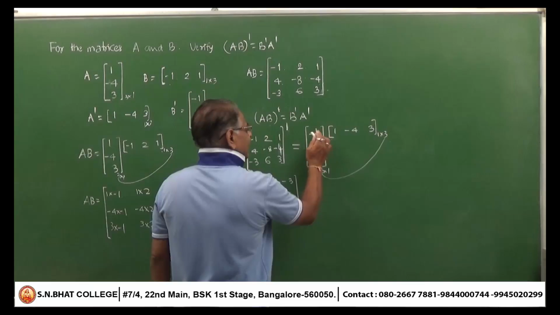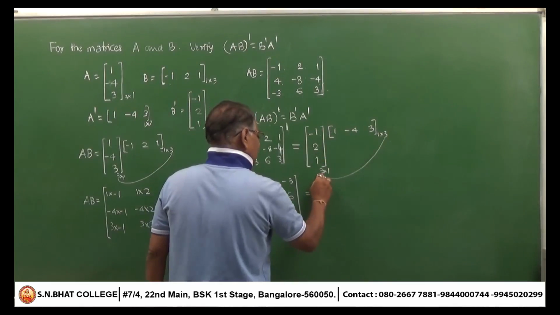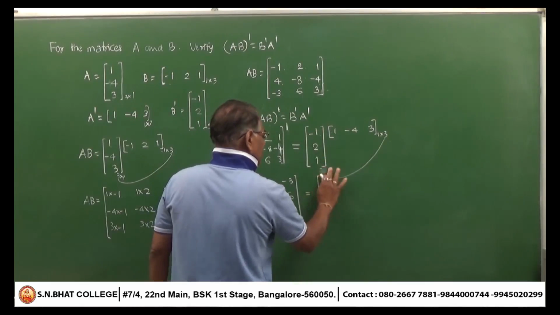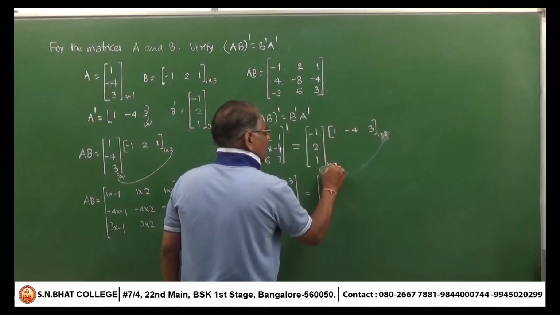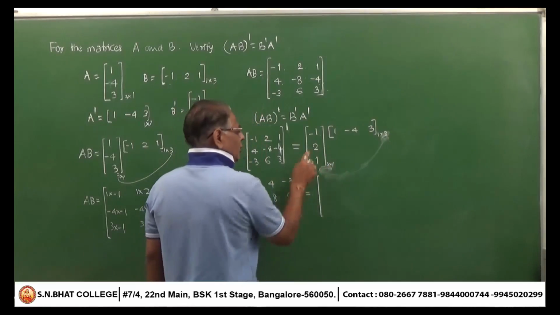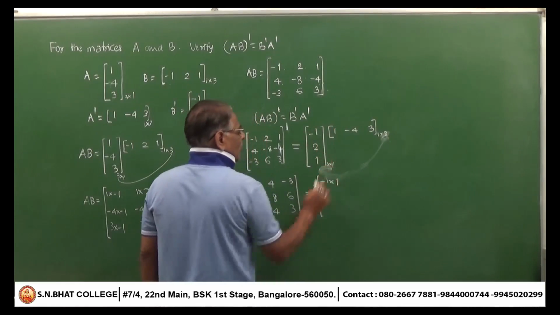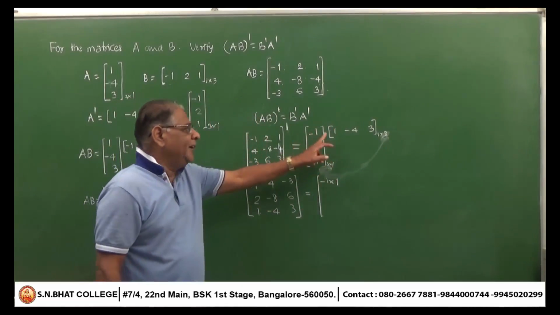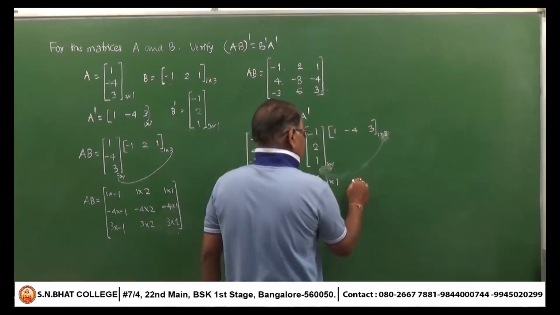This is multiplication. First row, first column, first row, second column, first row, third column must be written in the first row. Minus 1 into 1. First row, first column got over. Next, leave a little bit of space.